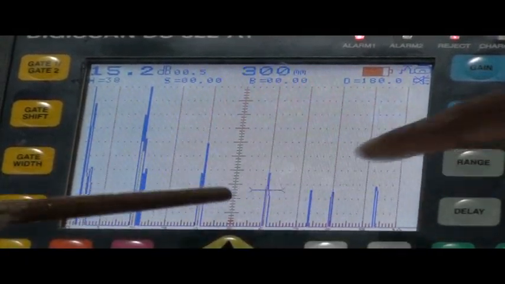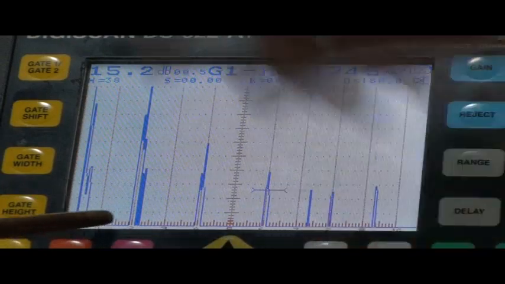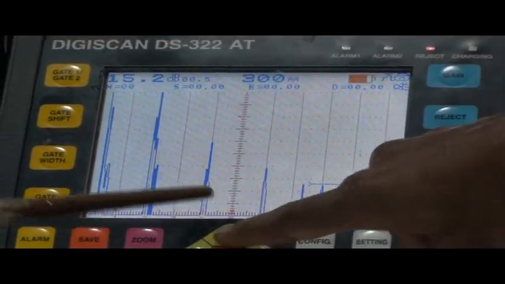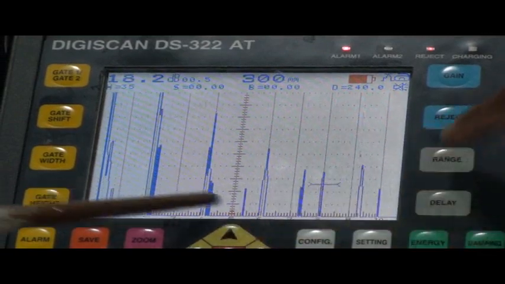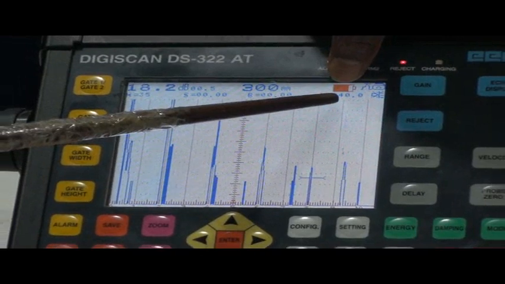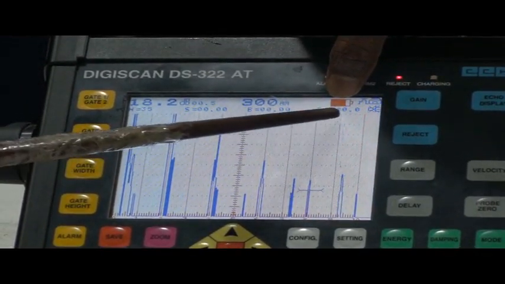Okay, now we will shift this gate to the next echo and we will increase the gain. So as per theory it should be at 240 and here also it is coming at 240. So till now deviation is 0.